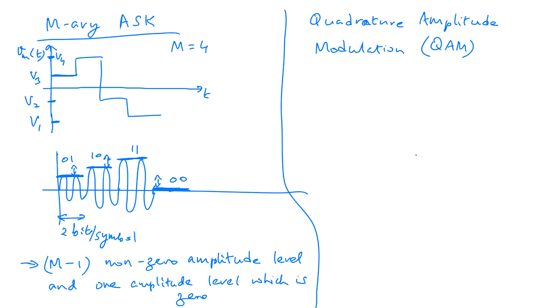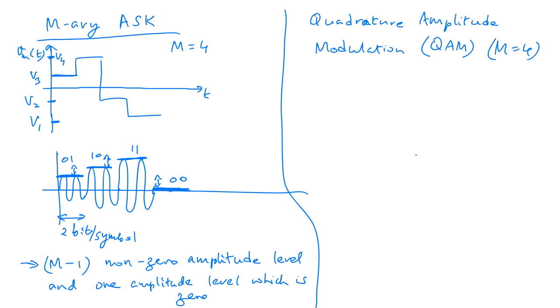QAM is nothing but M-ary ASK with m equal to 4. So here that means m is equal to 4. Okay, quadrature amplitude modulation. That means we are going to transmit 2 bits per symbol, or in other words, in one symbol interval, 2 information bits will be communicated. But instead of using 4 amplitude levels, we are going to use only 2 amplitude levels. How can we do that?